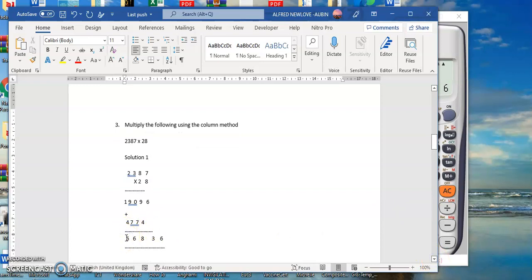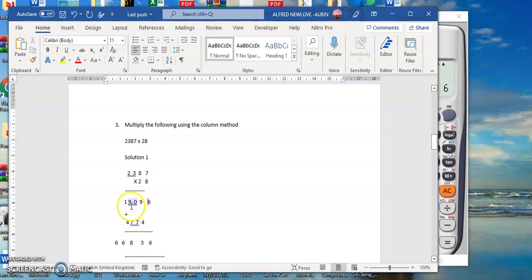Then 9 plus 4 is what? 13. You write a 3. Carry 1. Then 0 plus 7 is 7 plus 1 is 8.